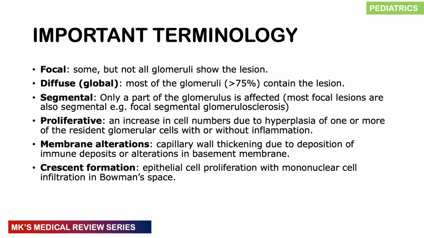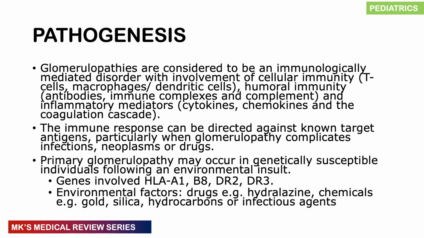Then you may have some membrane alterations where there are capillary wall thickenings because you deposit these immune complexes. You may sometimes have alterations in the basement membrane. When you talk about crescent formation, simply there's this epithelial proliferation with mononuclear cells infiltrating the Bowman space. These are some important terminology that you must understand as we go into the details of the glomerulopathies.